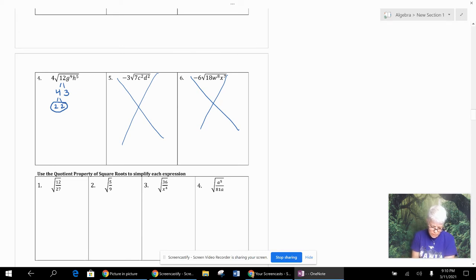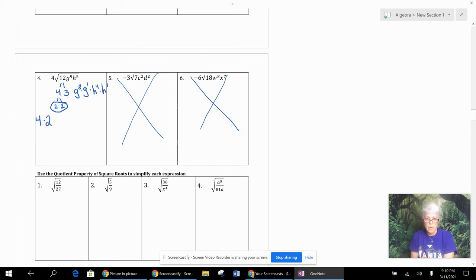I have g to the power of 9, which is the same as g to the power of 8 times g to the power of 1. So I can pull out half of that g to the power of 8. Then I have h to the power of 4 times h to the power of 1. So let's do this. The 4 is already out there. I'm going to pull the 2 out.